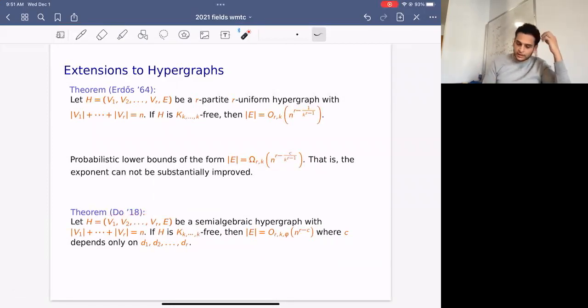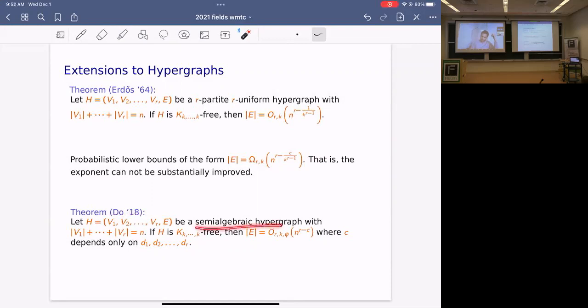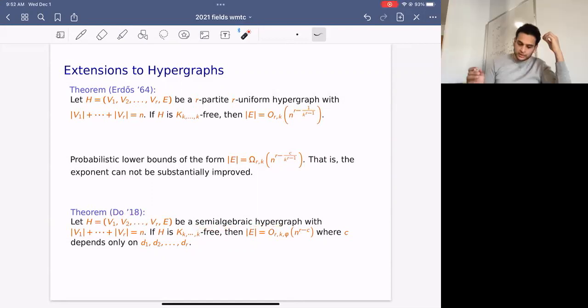She showed that if you have a semi-algebraic hypergraph, then your bound should depend only on the dimension of the parameter space, so the dimension of your objects.